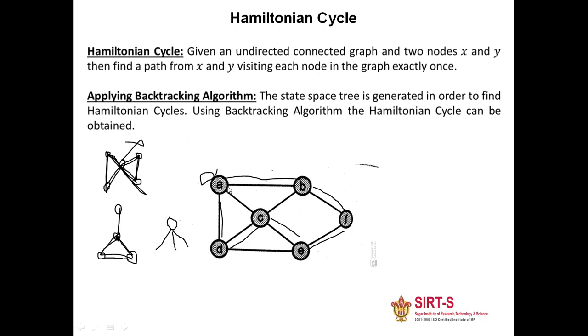It should be an adjacent node of A itself. So we have B, C, and D. We can take in alphabetical order from B, C, D. The only condition we have to take care of is that it should be adjacent to A, which means directly connected to A itself.